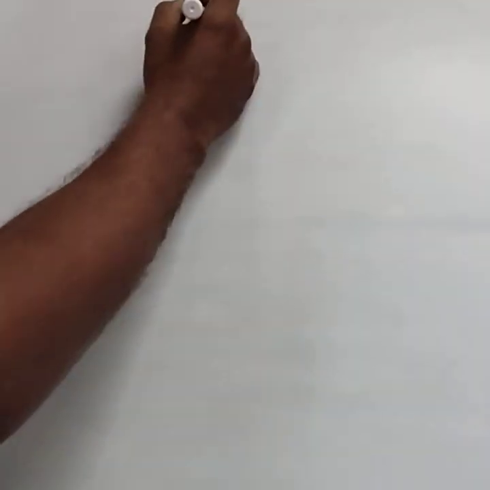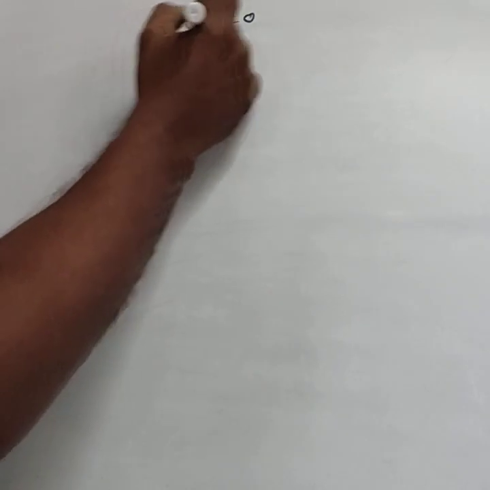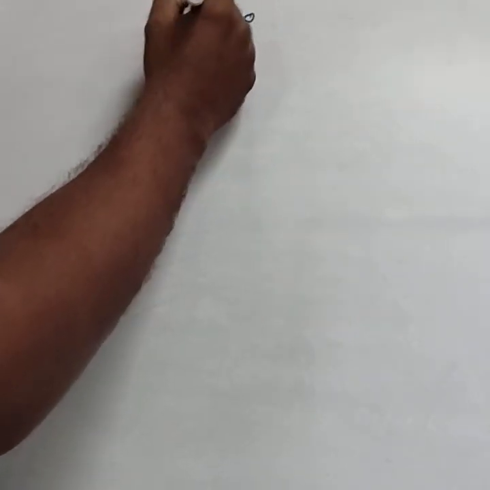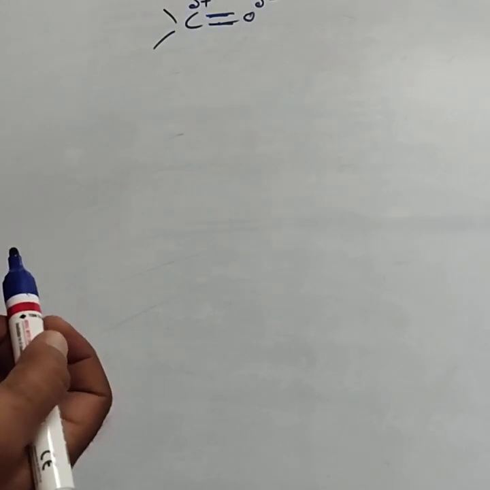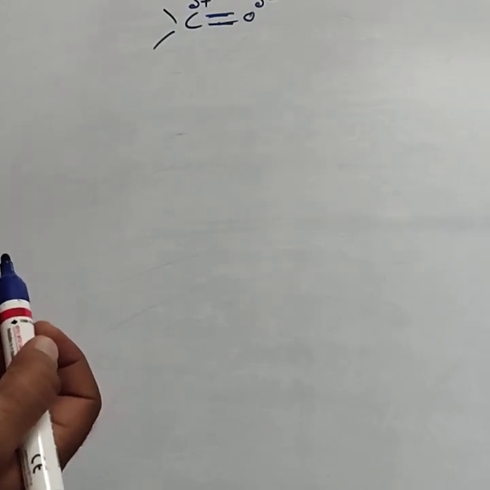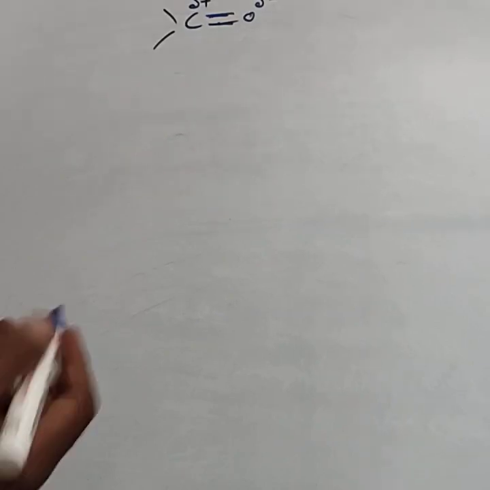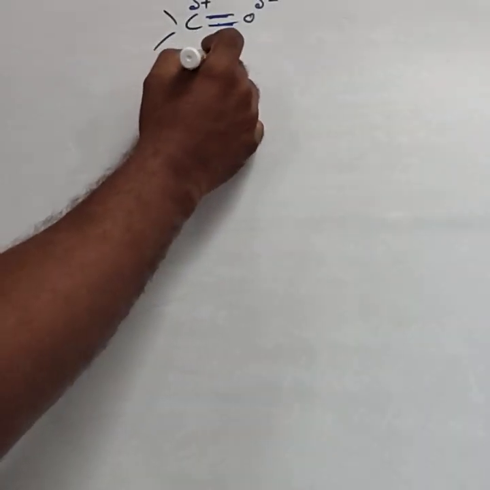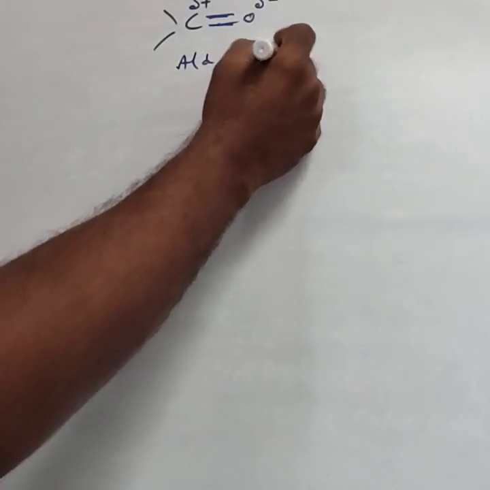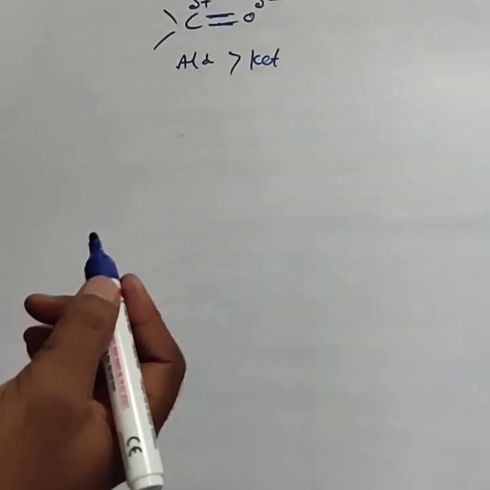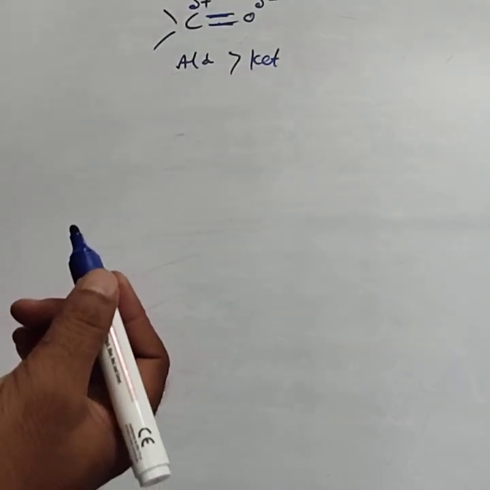This C=O group is polar in nature, and due to this polarity, they undergo nucleophilic addition reactions. Again, aldehydes are more reactive than ketones towards nucleophilic addition reactions.